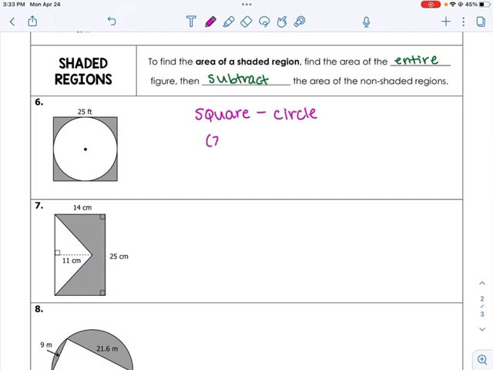So our square has side length 25, and because our side length is 25, then our radius would be 12.5. So we would need to subtract out pi r squared with a radius of 12.5. Okay, so if we have 25 times 25 minus pi times 12.5 squared, we would get 134.1 square feet.